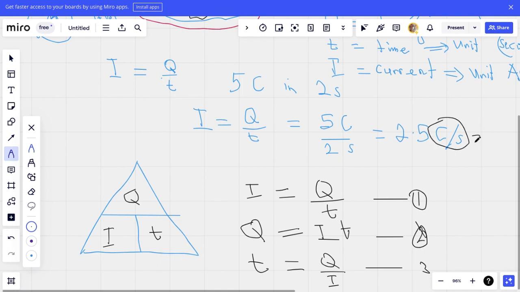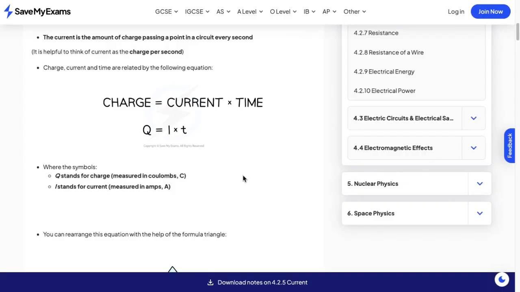So I can simply write 2.5 ampere for the current. Ampere is internationally acceptable. It is okay even if you write coulomb per second, you're not wrong, but the standard one is ampere.